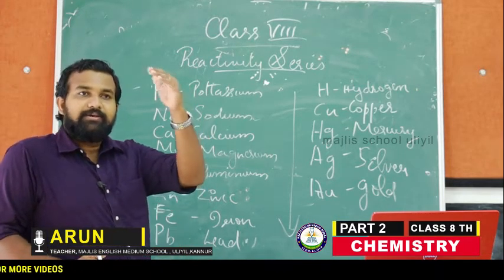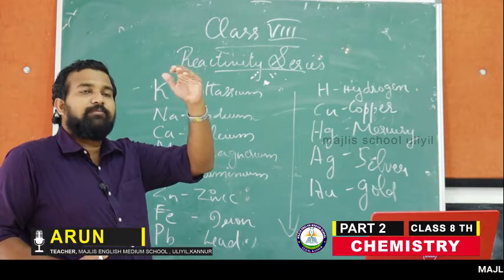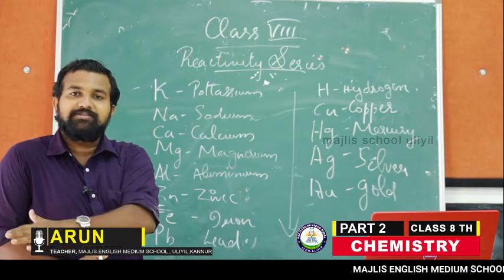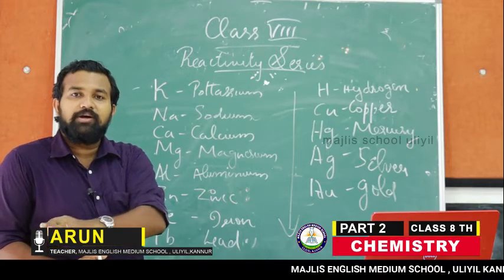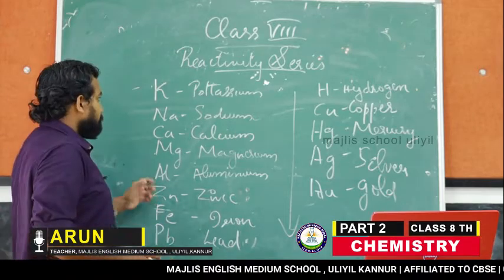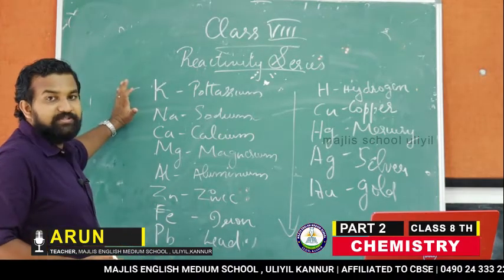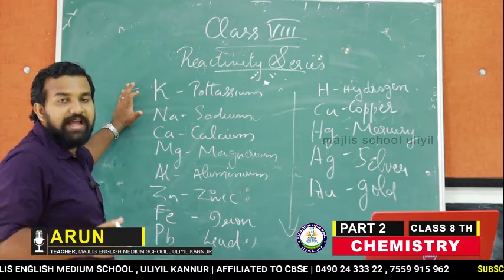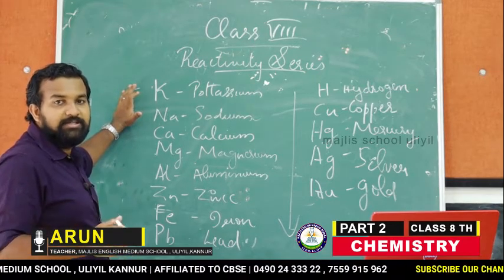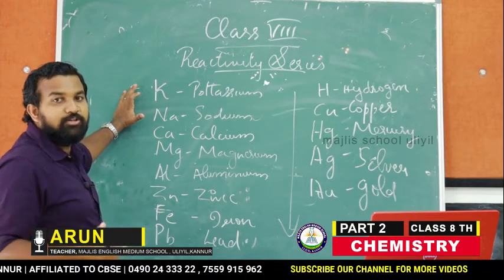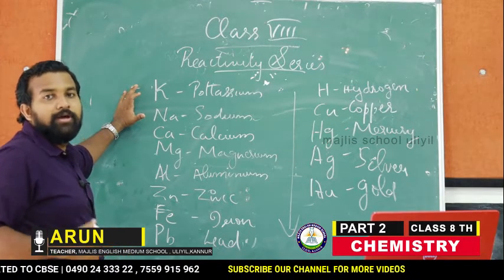The topmost position is given to the most reactive, and the last position is given to the less reactive elements. Clear? So the reactivity series is the arrangement of elements in the decreasing order of reactivity, or the strength of the elements to undergo reaction.